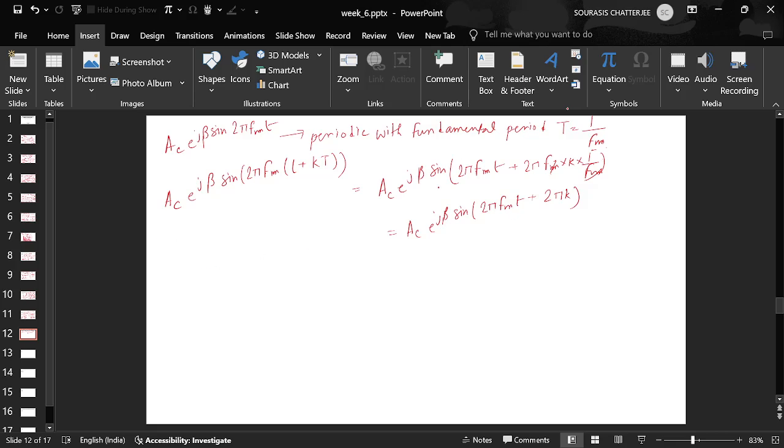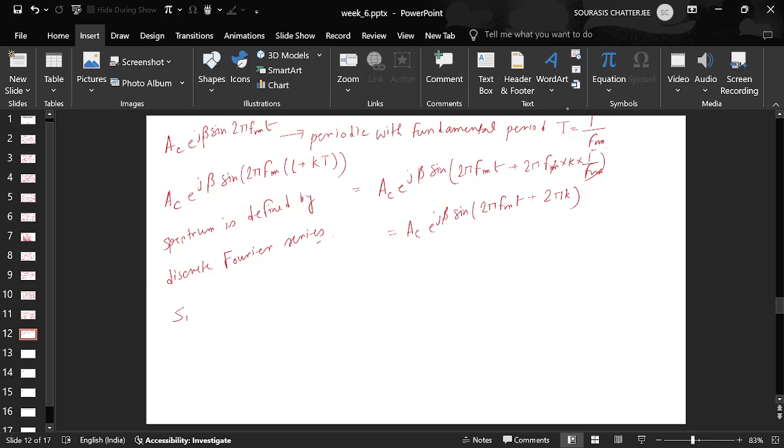So if it's a periodic signal, its spectrum is going to be defined by the discrete Fourier series. What do I mean by that?